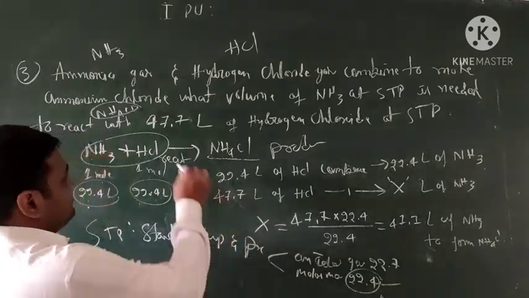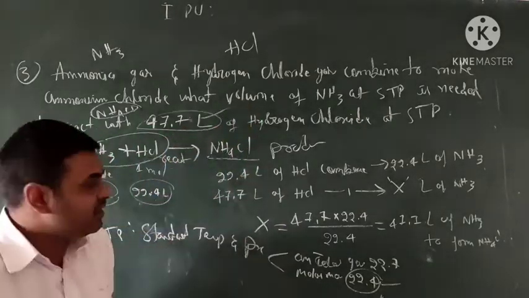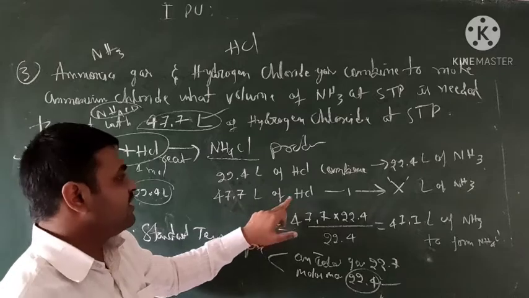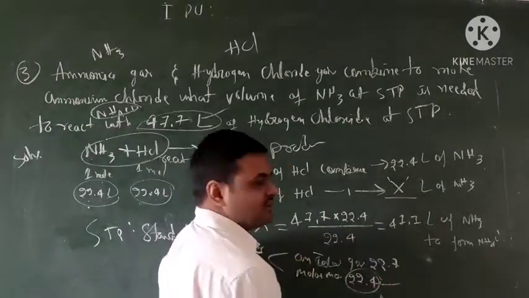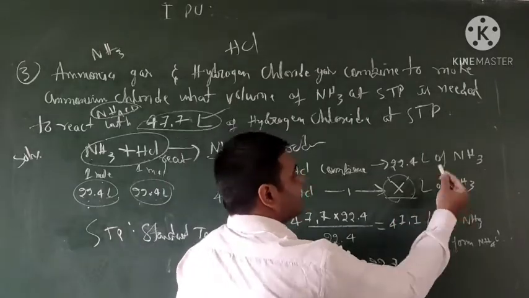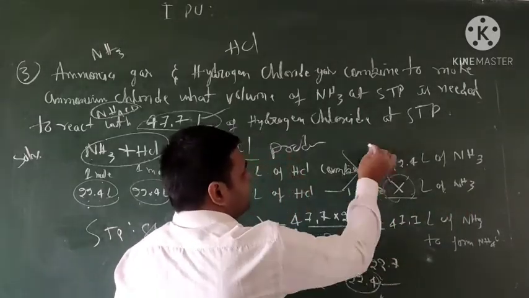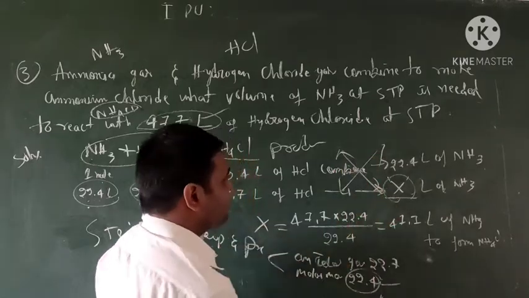So 47.7 liter of HCl gives how much? That is the X value. Consider this as X liter of NH3. Then simply cross multiply.